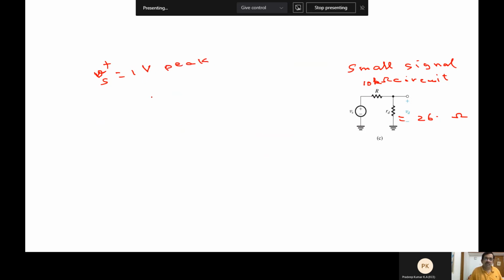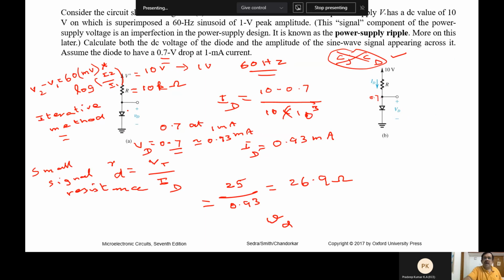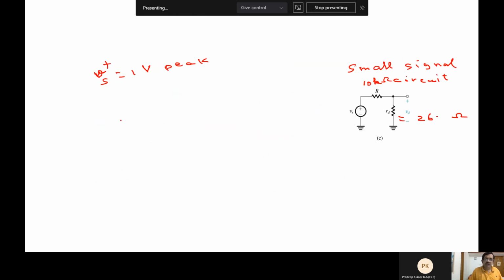So we need to find the peak. You look at this question, amplitude means always peak. So vd peak will be equivalent to simply vs peak, and then we have to take the corresponding resistance, total resistance, voltage division law.